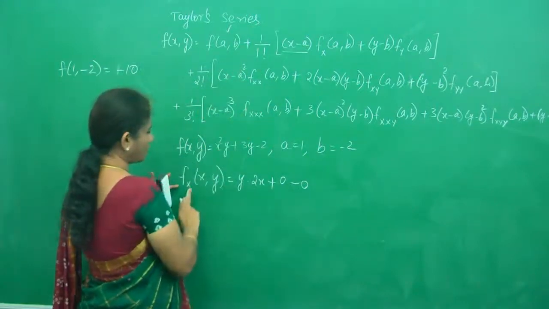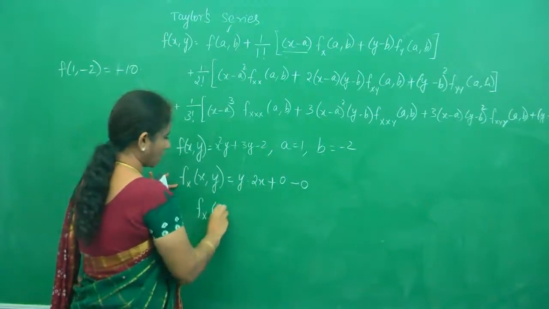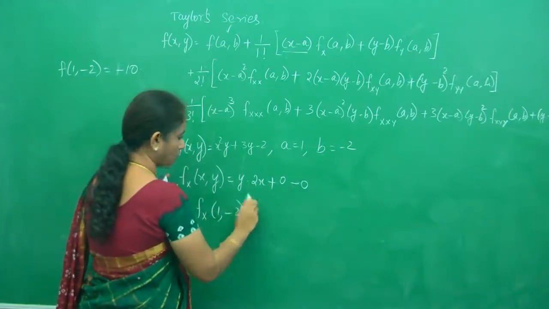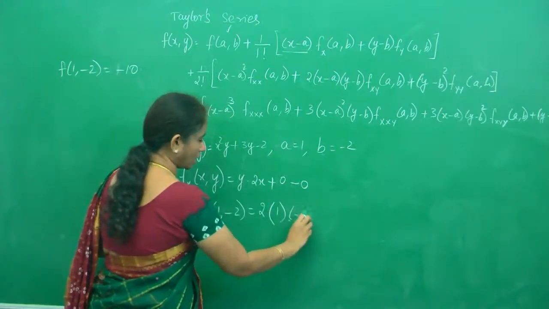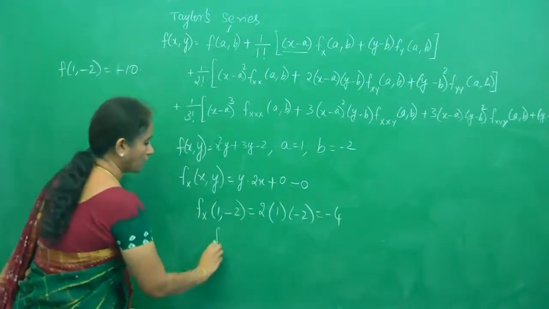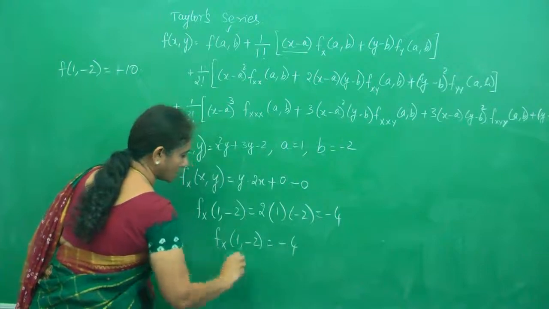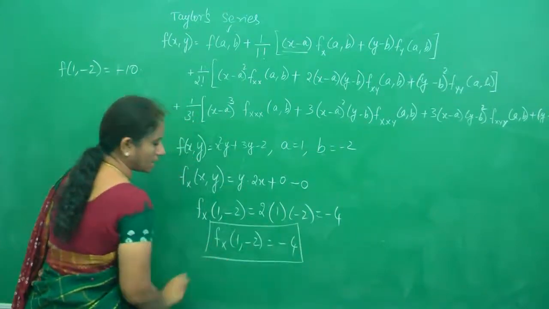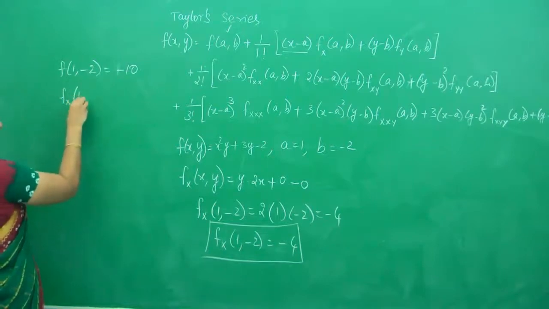I need to know fx of 1 comma negative 2. So what is fx of 1 comma negative 2? Just plug in x is 1 and y is negative 2, which is negative 4. So you will write in your notebook fx of 1 comma negative 2 is negative 4. Draw a rectangle and keep it ready, which I will be keeping in this corner.